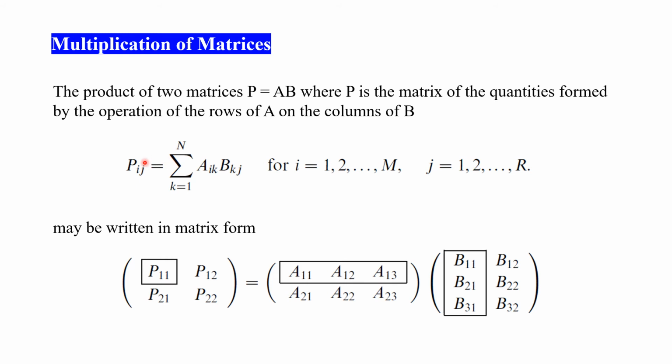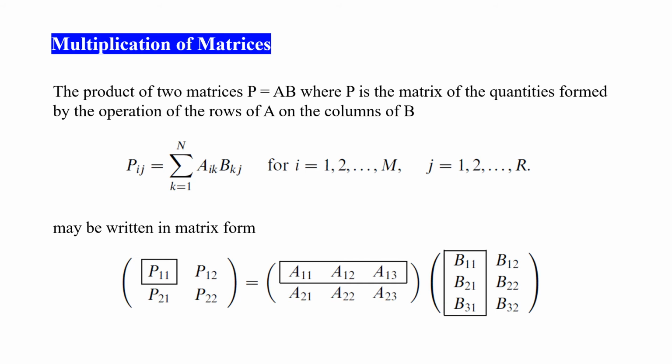So your matrix Pij, which is the matrix of the quantities formed by the operation of A and B, is equal to the sum of Aik times Bkj, where k is equal to 1 up to n, for any i equal to 1 up to m, and for j equal to 1 up to r.